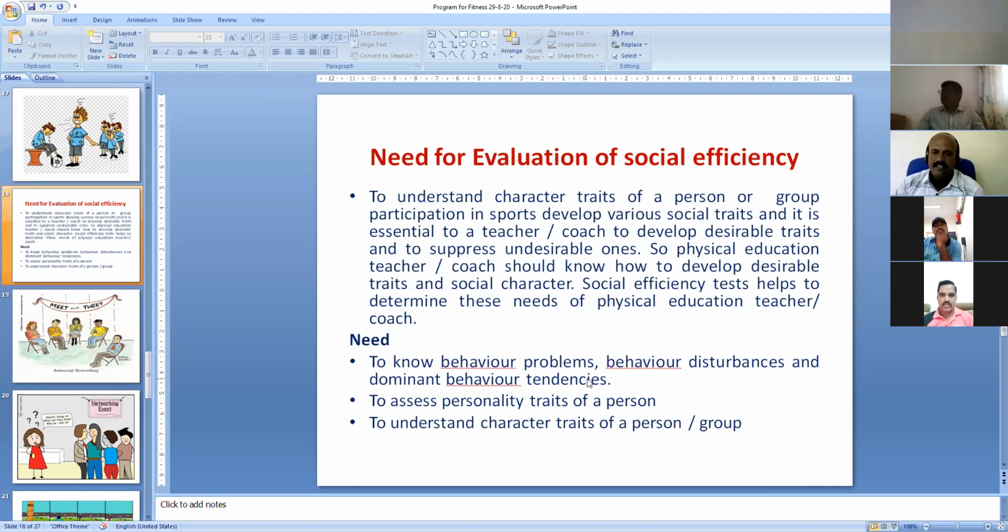And behavior disturbances. You might have seen the movie Taare Zameen Par. In that movie, a child is behaving differently from the others. That does not mean that the child doesn't have the ability, or a good quality, or talent.